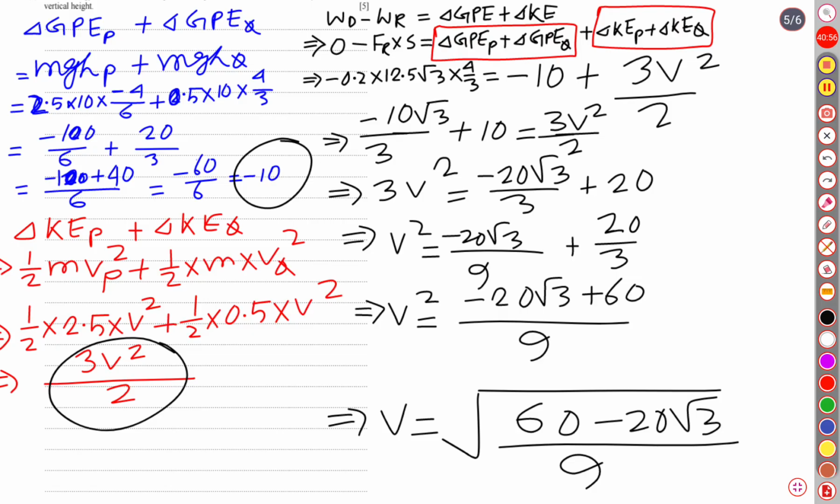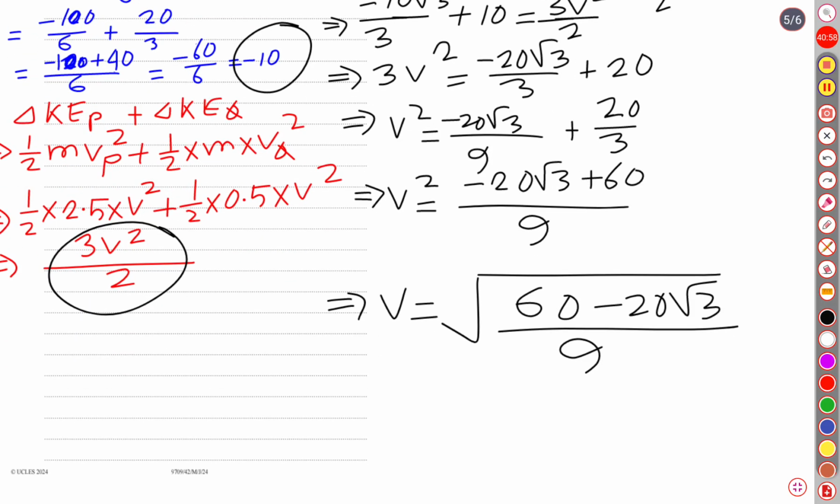Hence, our final velocity is going to be, let me use my calculator, the square root of 60 minus 20 square root over 3, over 9.